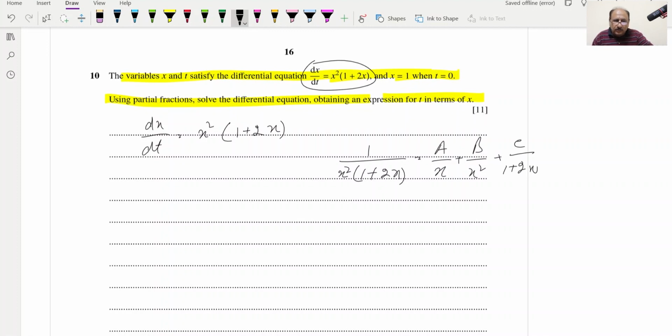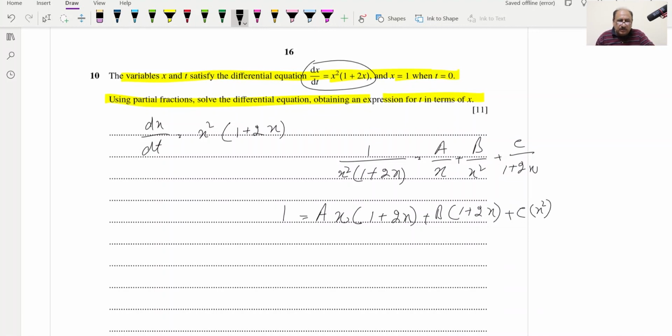Now the next step: 1 is equal to a into x into 1 plus 2x, plus b into 1 plus 2x, and c will be multiplied by x squared only.